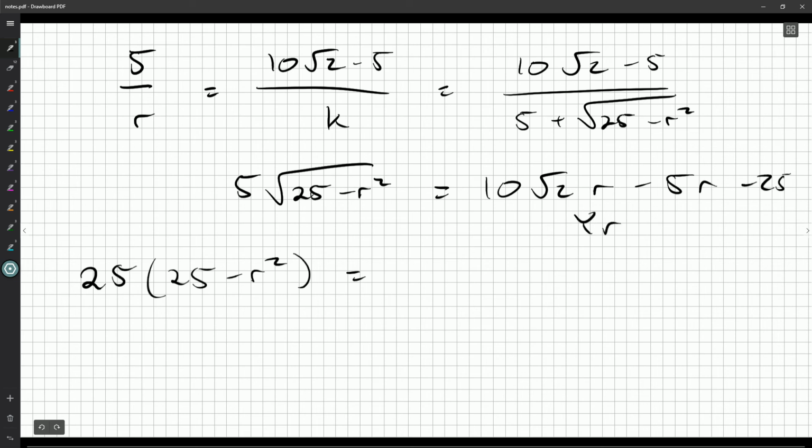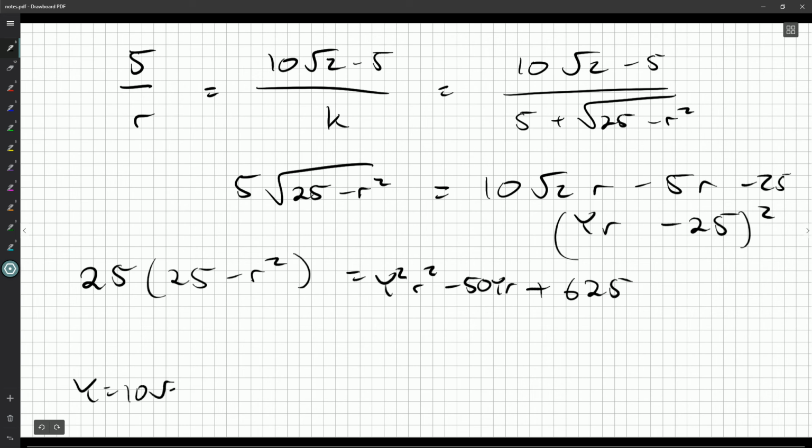I'll call this Y R again. YR minus 25, and I want to square that, so it'll be plus 625, Y squared R squared minus 50YR. In this case, Y is 10 root 2 minus 5. Over here, we'll get 625 minus 25 R squared. So I'll get rid of the 625s.